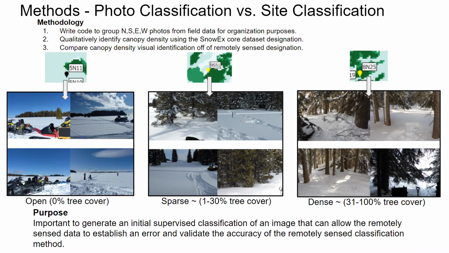This comparison of the remotely sensed data, it's important to use this kind of ground truthing because it helps to establish error of the remotely sensed classification, and helps essentially to validate our analysis and our conclusions. Next slide.